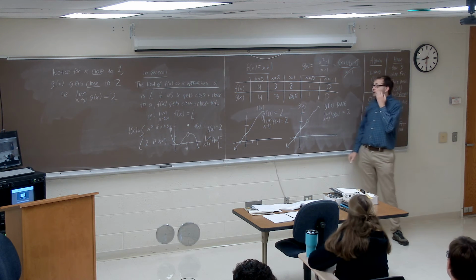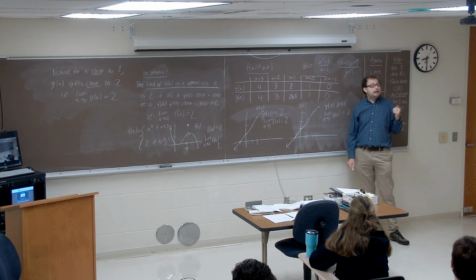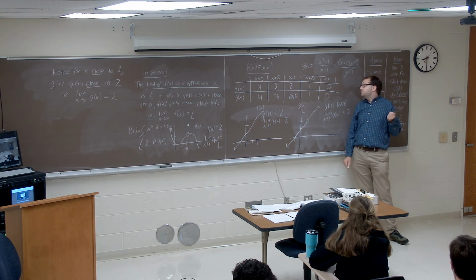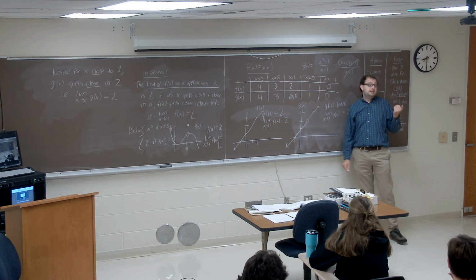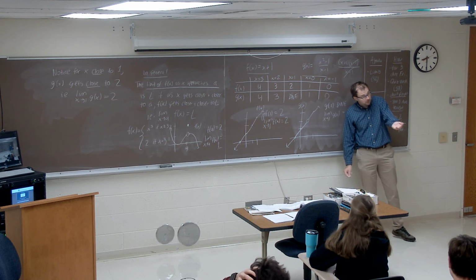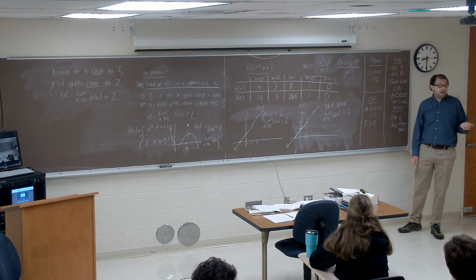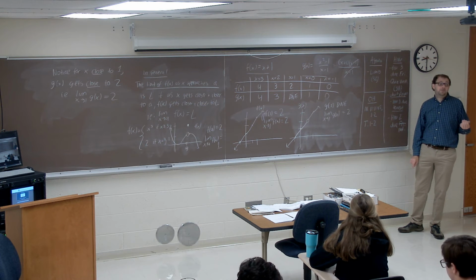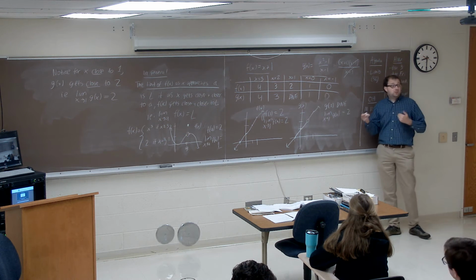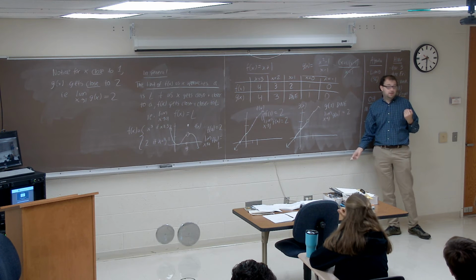You plug in x equals 0.999999999, you're going to get g of that as 1.9, insert an appropriate number of 9s. No matter how close you get to 1, as long as you're not at 1 itself, g of x is just going to return 1 greater than that.